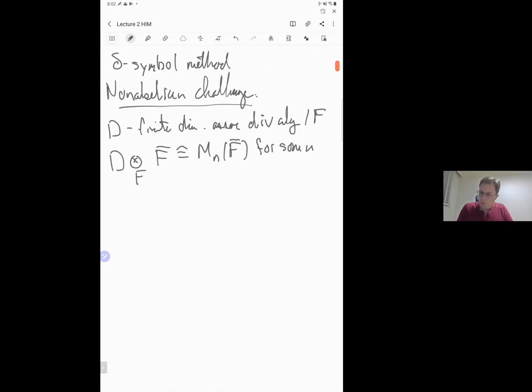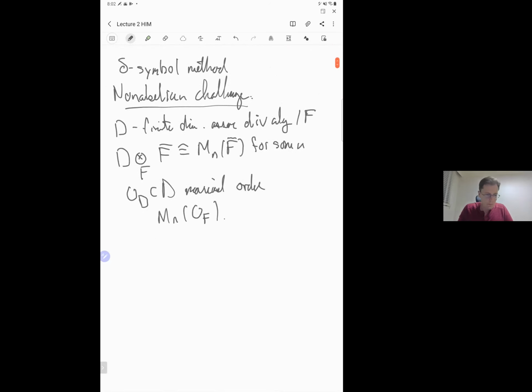And inside of here, you can pick a maximal order. And this is an analog of M_n(O_F), all right?